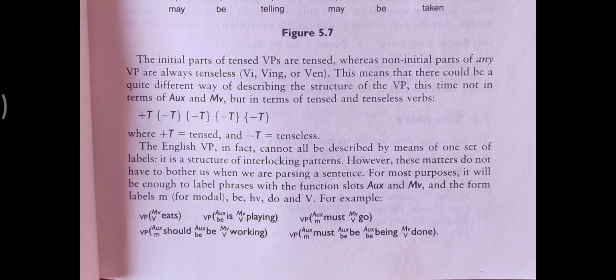So like this, if the verb is tensed, whether it's an auxiliary or a main verb, we have to indicate tense plus. Okay, or if there is no tense, we can mark tense minus. So in this way we can go through the labels.